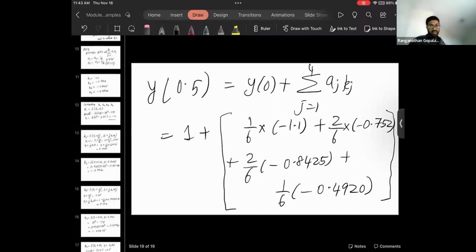I know you can get the next step easily, but I want you to write this down the way I've written it so that you see where each number actually comes and fits in.